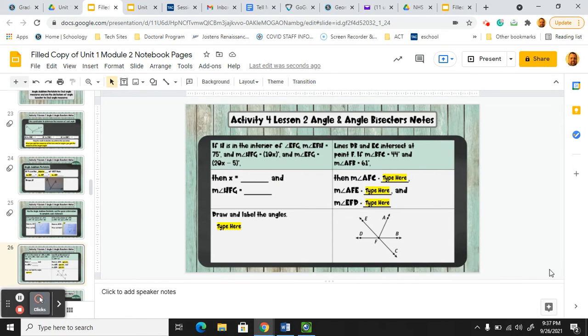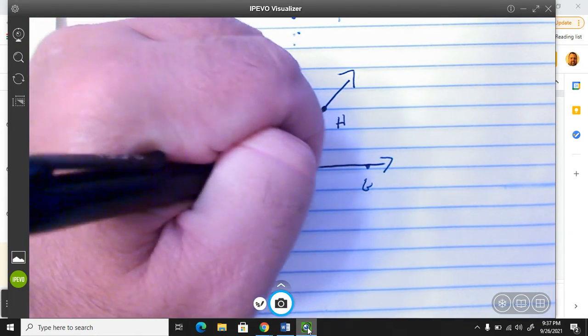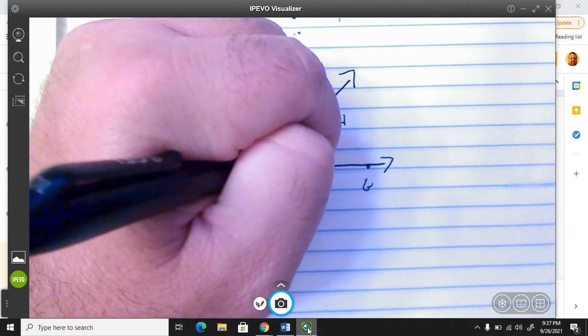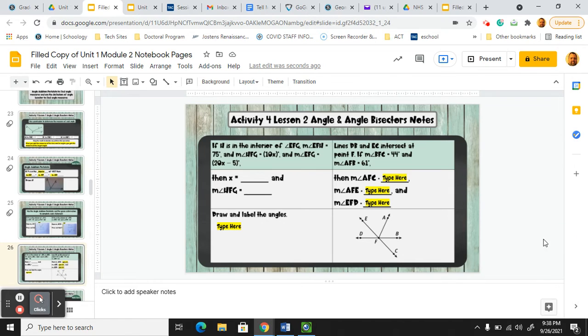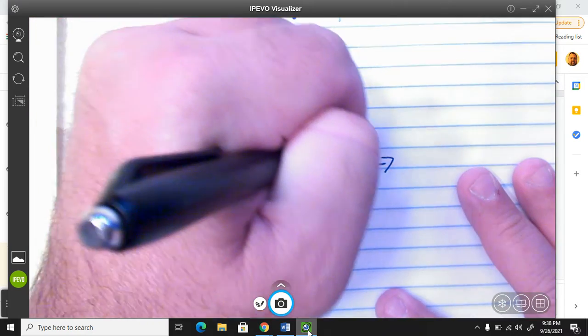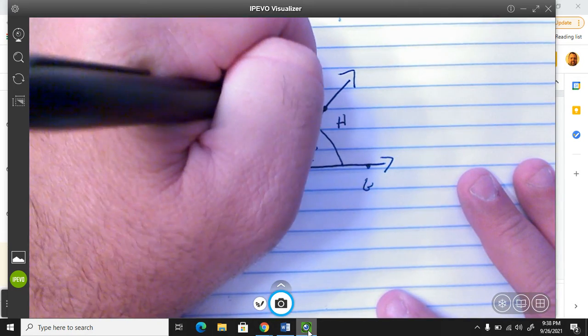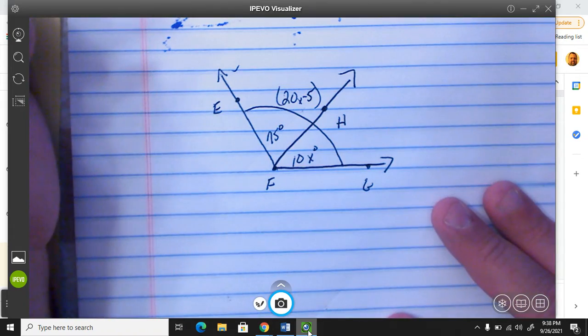The measure of HFG is 10x degrees. And the measure of EFG is 20x minus 5. So EFG, this whole thing is 20x minus 5.